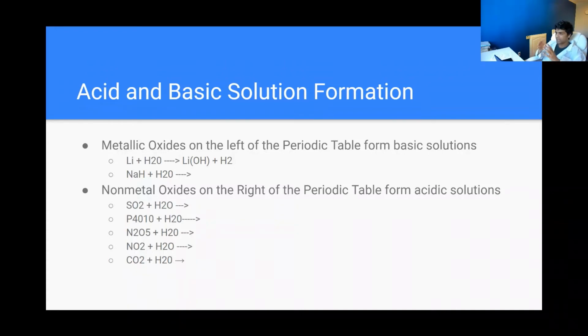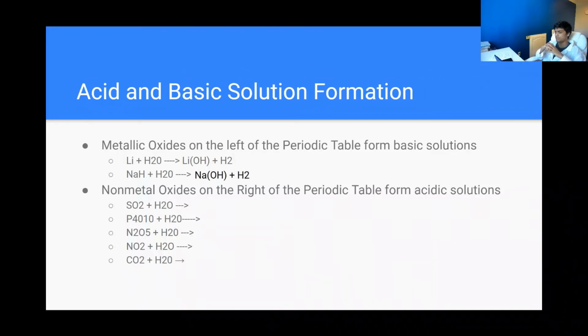Hydride ions are really strong bases. They will rip hydrogens from water to create an extremely weak conjugate acid, hydrogen gas. Essentially, this will form sodium hydroxide plus hydrogen gas.